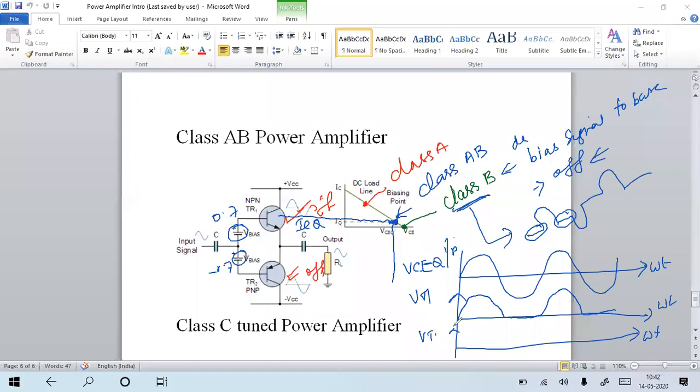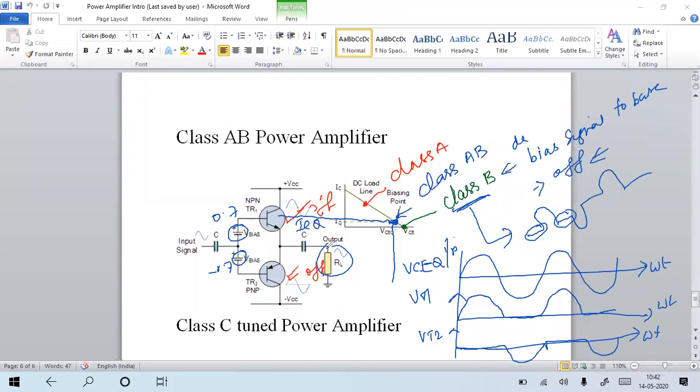Transistor 2 output voltage would be: during the positive cycle, the transistor is off, during the negative cycle the transistor is on, positive cycle off, negative cycle on. So the combination of that will be across your load RL, correct? Getting my point? If you use the arrangement like this, then this is called the class AB amplifier.